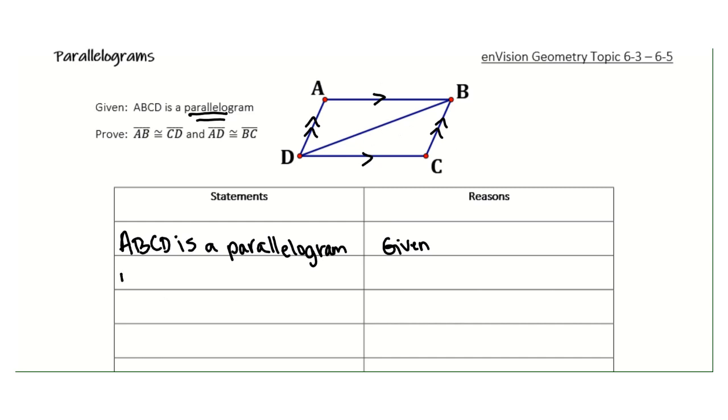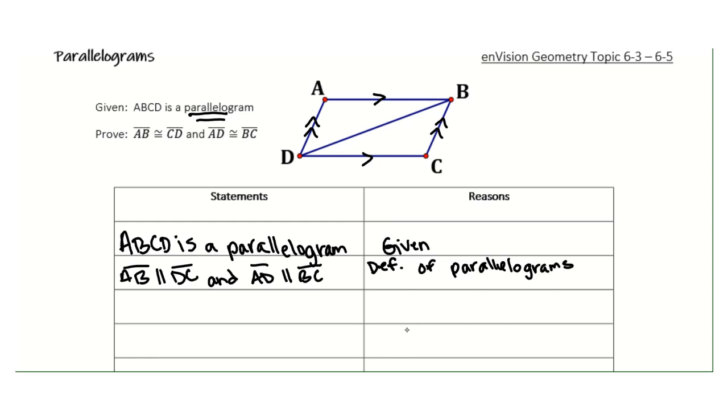So we can say that AB is parallel, remember these two lines together mean parallel, to DC, and I can also say that AD is parallel to BC, and that's by the definition of parallelograms.